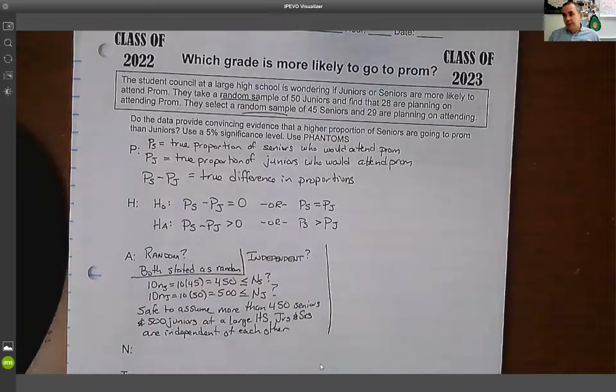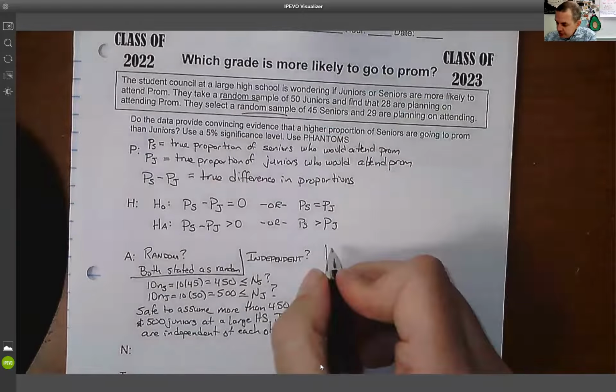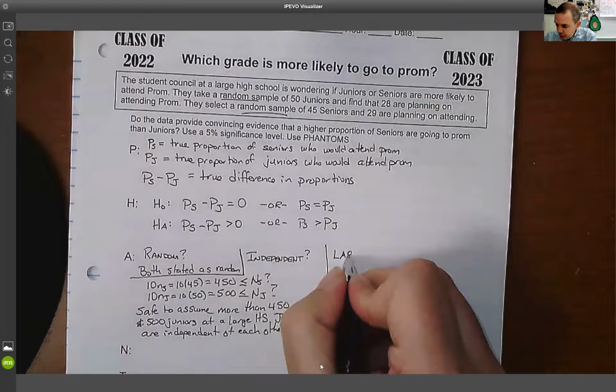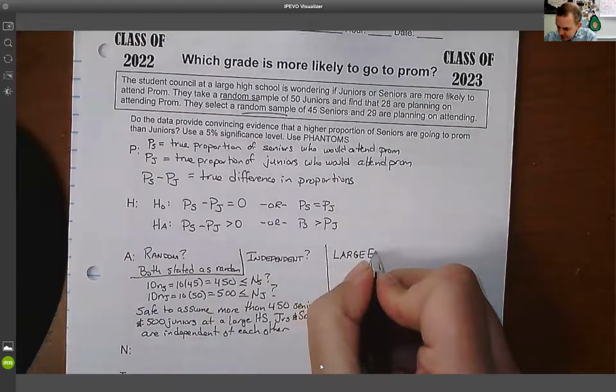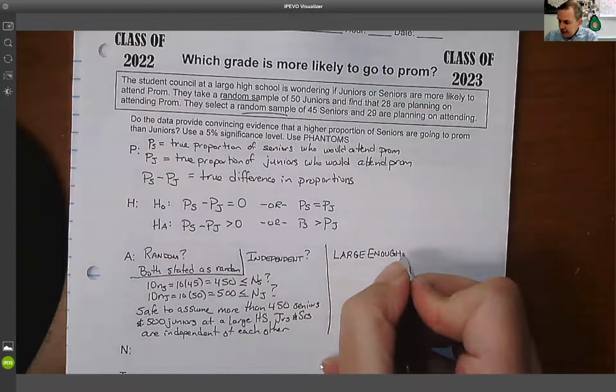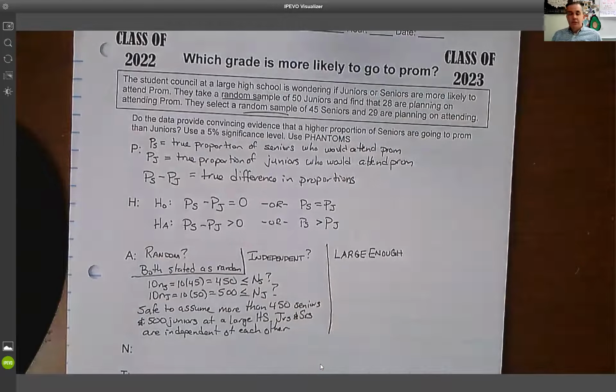Okay. So far, everything is pretty much the same. Here's where my first change comes, and the biggest change. And it's the only time that this happens. Because of the large enough check, I am going to create a new proportion.